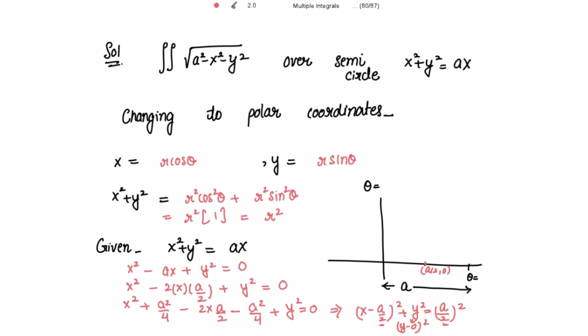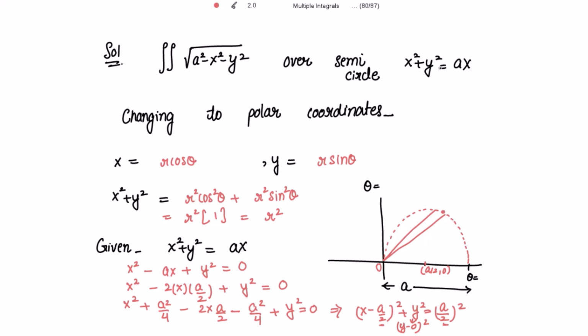So I'm just drawing the semicircle. And now making the wedge. This is your origin. The wedge describes that r is varying from 0 to, what is the equation for the semicircle?